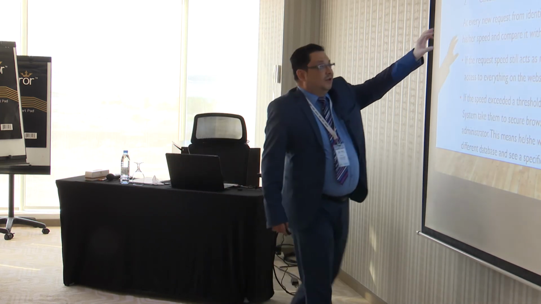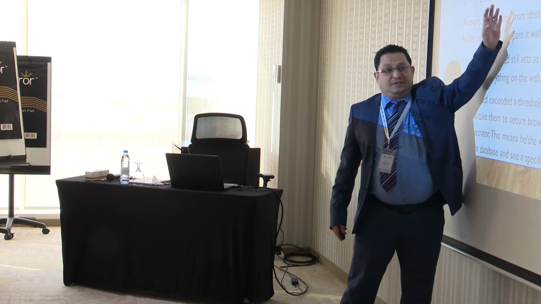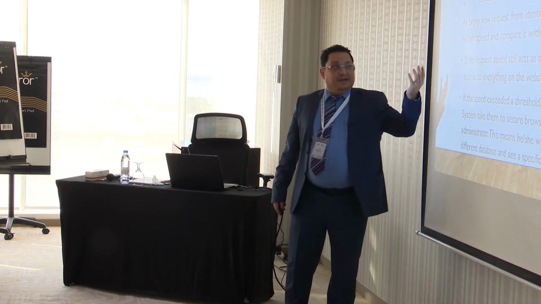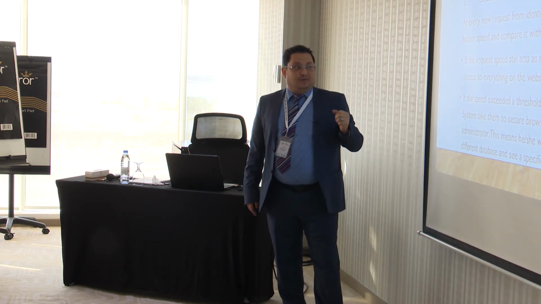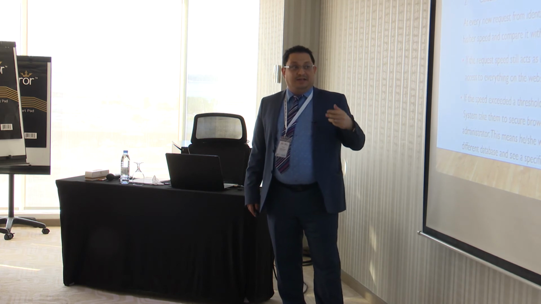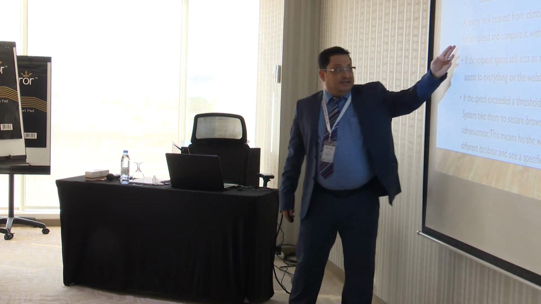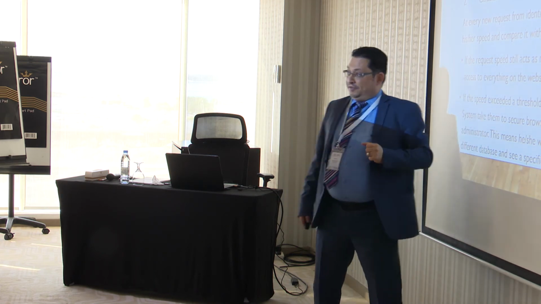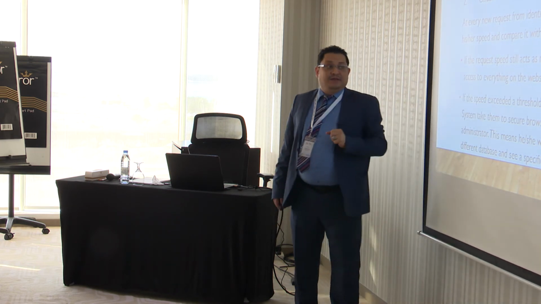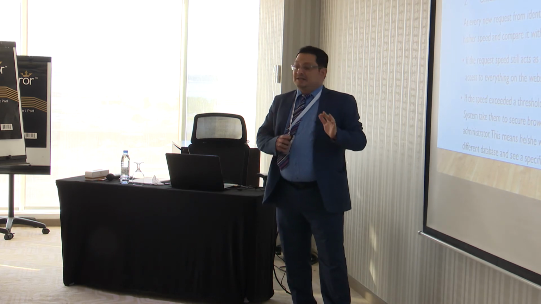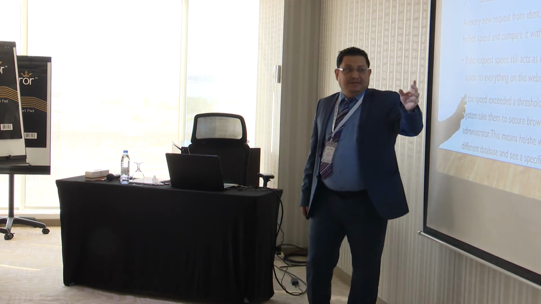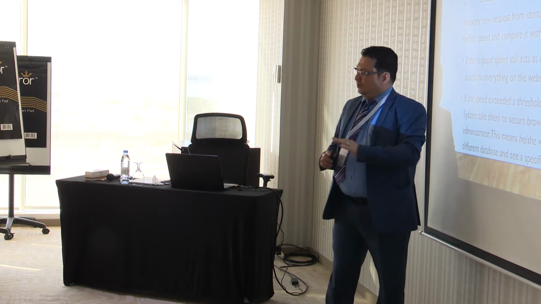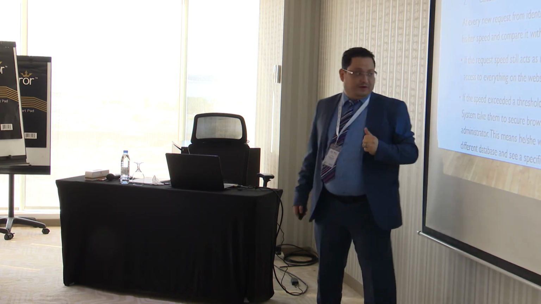After that, we will calculate the visitor's used speed. Every new request from an identified visitor will accumulate his or her speed and compare it with the security threshold. If the request speed still acts as a normal speed, it means normal access to everything on the website, as we said before.